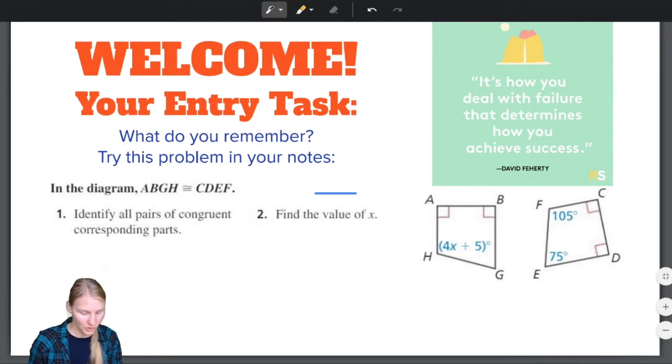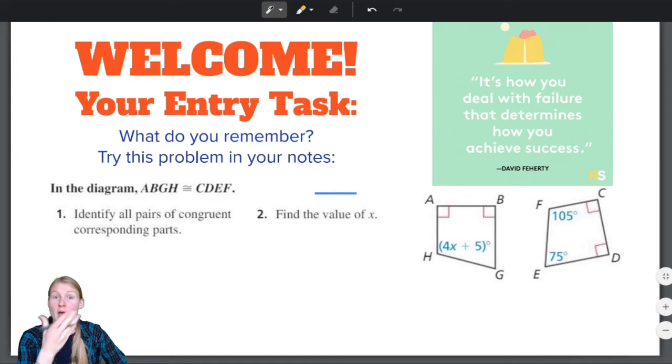So, we'll do part 1 first, and then we'll do part 2. Identify all pairs of congruent corresponding parts. Now, maybe you can see, just by looking at this diagram, E is the most pointy. E is the smallest angle. So, G is the smallest angle.